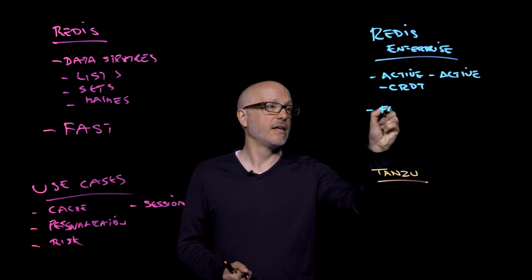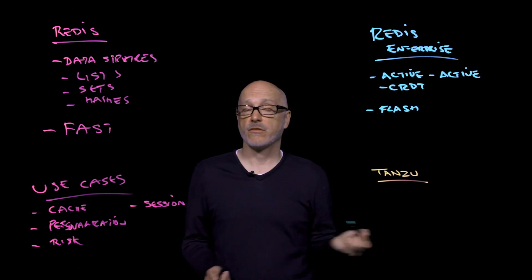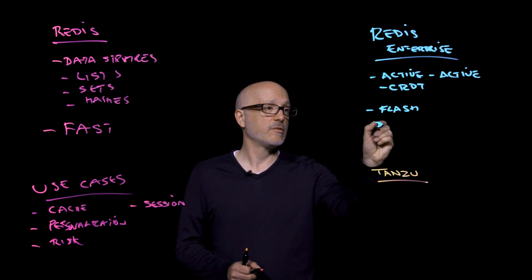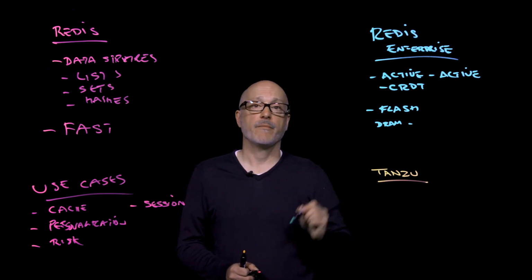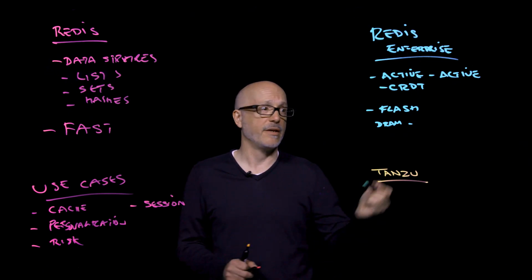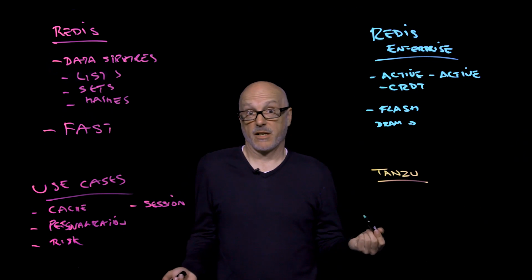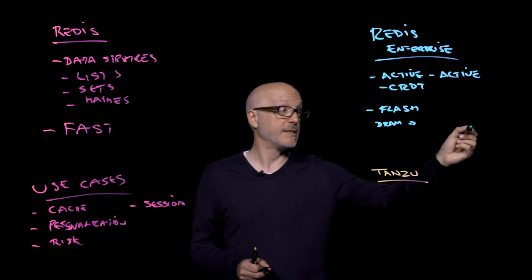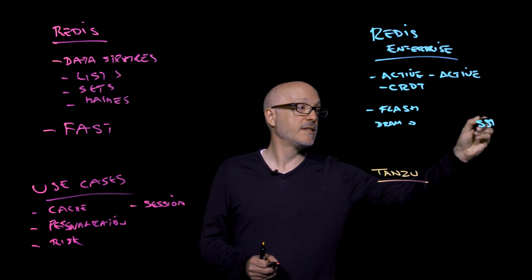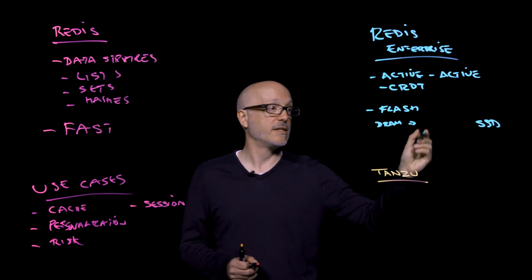The second key feature is Redis on Flash. And so, as we talked about before, Redis is an in-memory database. And so you keep data in DRAM. Well, DRAM's kind of expensive, right? It's getting cheaper, but it's expensive. And so you want to be able to tier the data between DRAM and SSD.